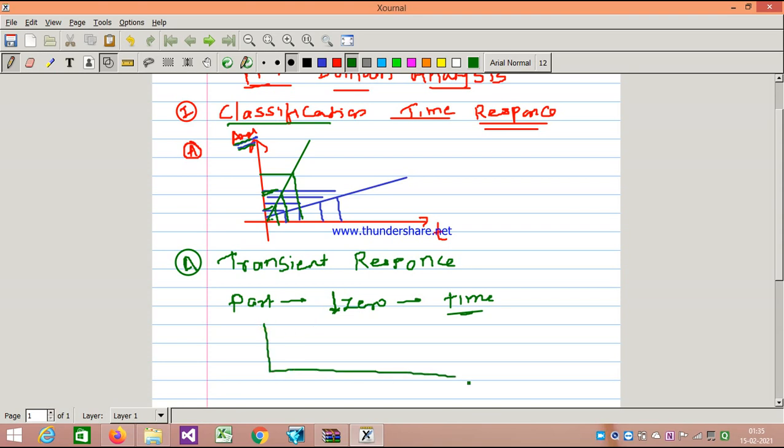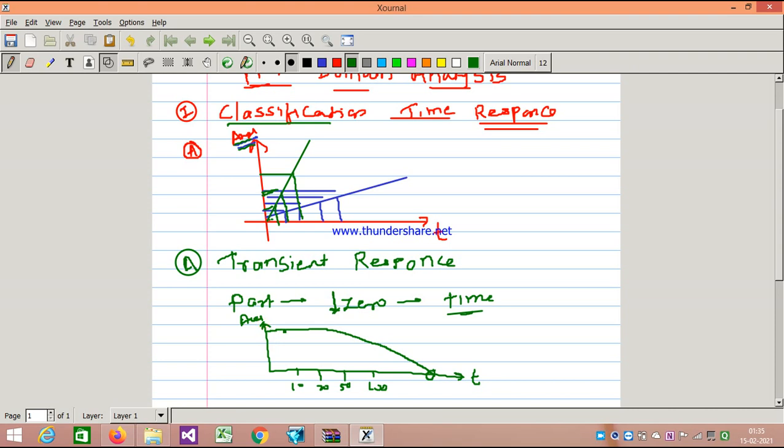Like this: this is time and this is amplitude. As time increases, the output is stable only for a while. After some time it goes on reducing towards zero, like suppose after 10 minutes, 20 minutes, then 50 minutes, then 100 minutes. After a long period of time it goes towards zero.